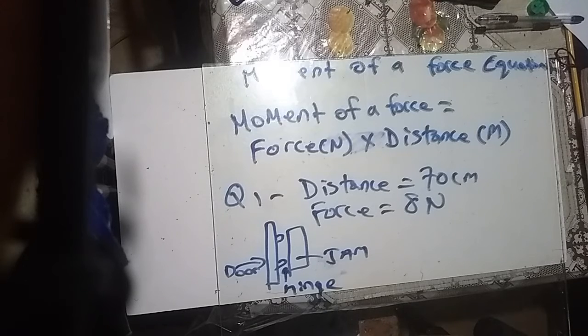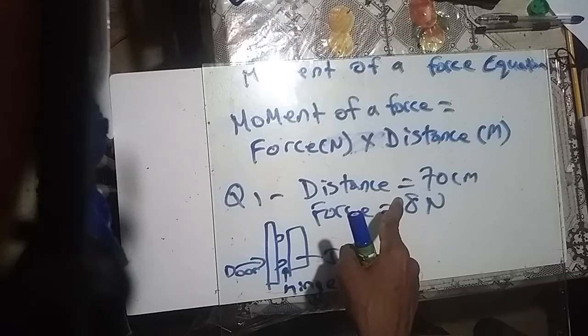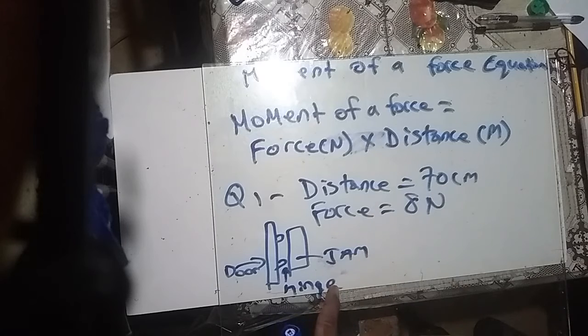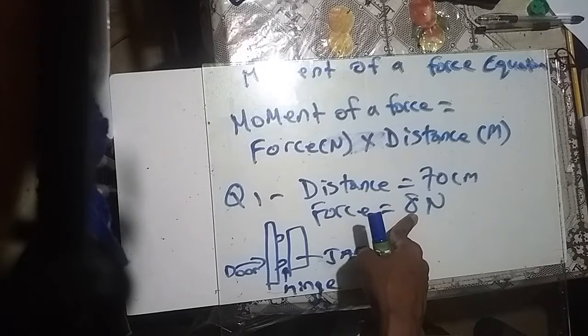Alright, the question says, and I have drawn my diagram, we have a door here that is hinged on a door jamb. The question says the distance from the hinge to the handle on the door is 70 centimeter. If the handle is pushed with a force of 8 Newton perpendicular to the door, or 90 degrees away from the force, you have to incorporate that in the equation.